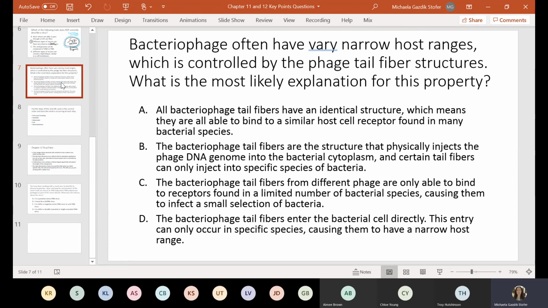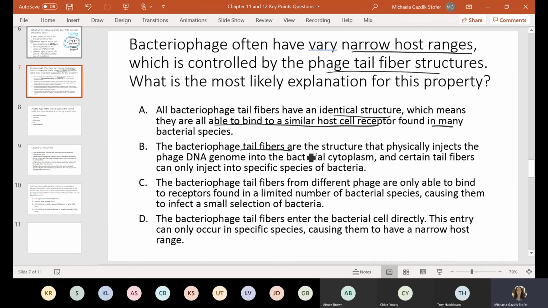So this statement says that bacteriophage have a very narrow host range, which is controlled by the phage tail fiber structures. What's the most likely explanation for this property? Okay, so A is that bacteriophage tail fibers have identical structures, which means that they are able to bind to similar host receptors found in many species.